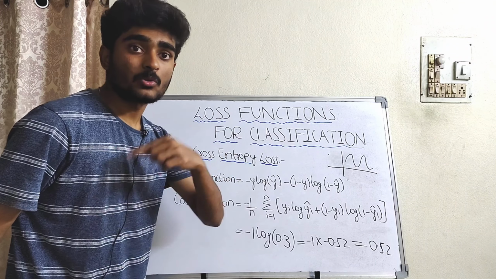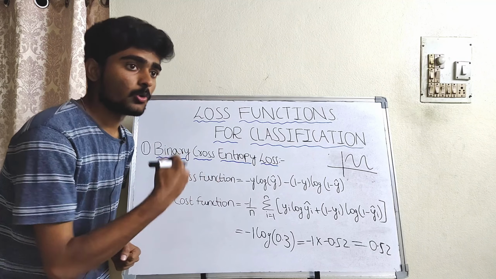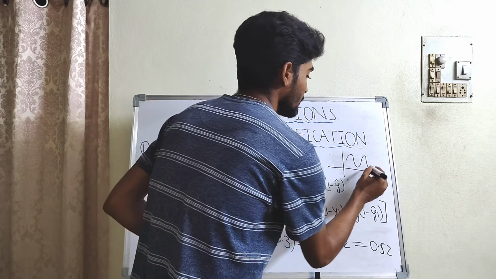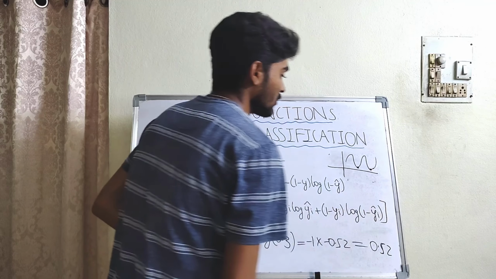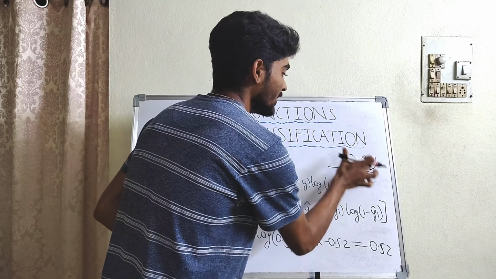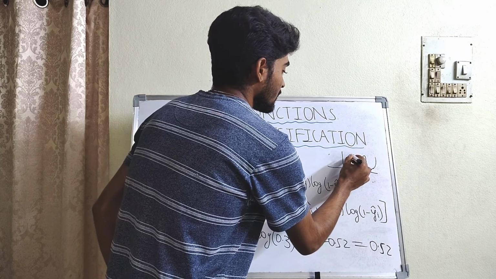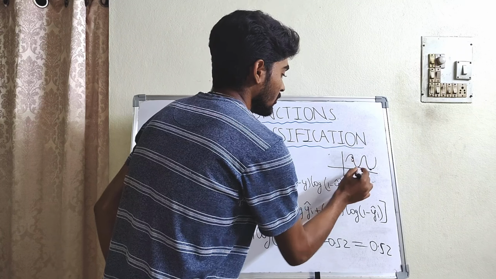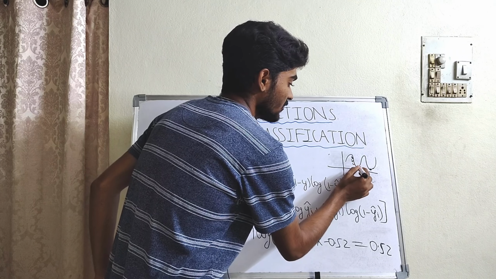The second and most important disadvantage of binary cross entropy loss is that it has multiple local minima. Now, this is the first local minima. When you apply the gradient descent algorithm on this loss function, it updates the weights and bias parameters and will always try to reach the global minima.